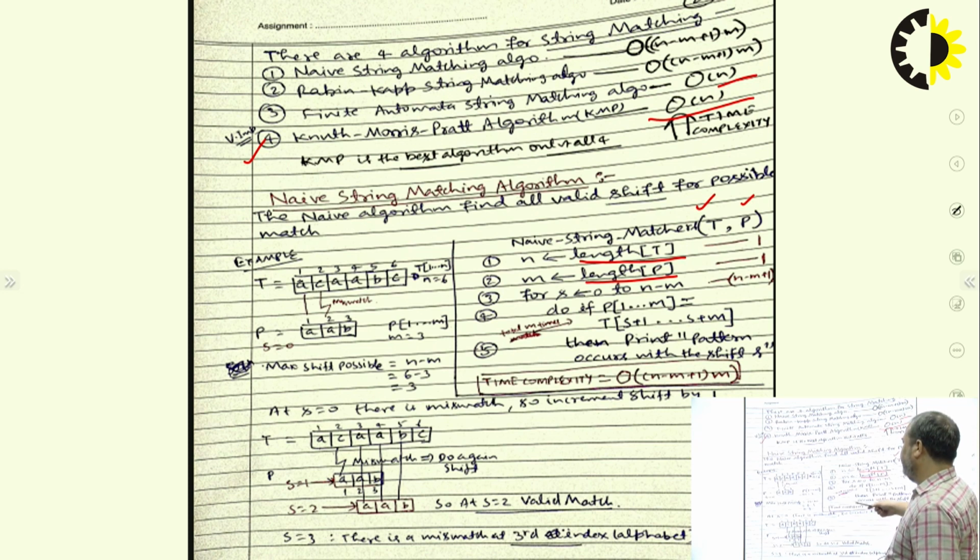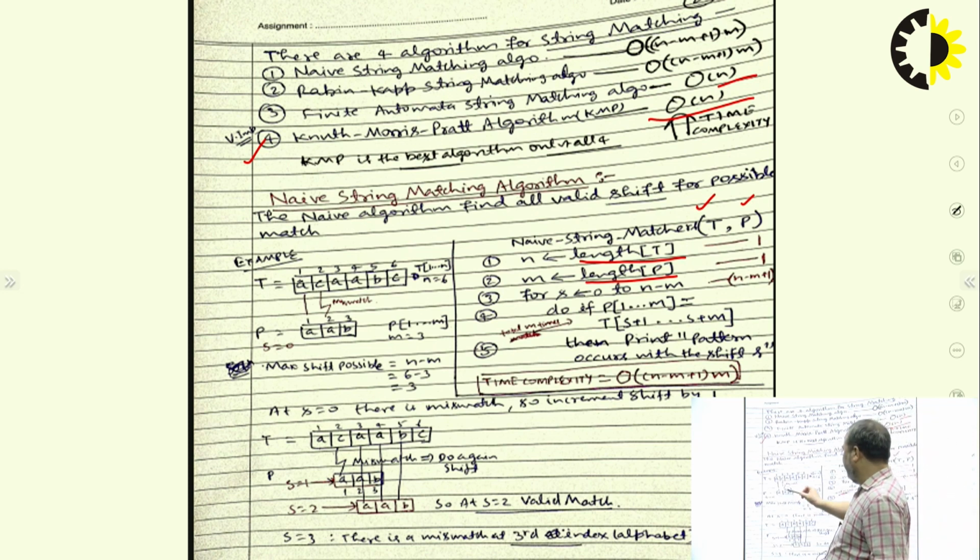So here, for example, AAB, we started doing the same one by one, I mean A and A match. Then we will match the second character of the pattern with the second character of the text. There is a mismatch, so we will shift by 1. So the entire pattern will be shifted by 1 ahead.